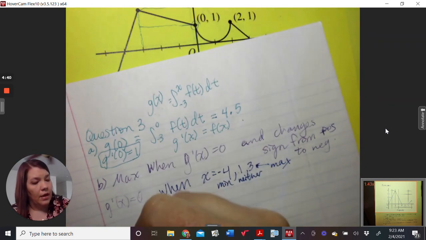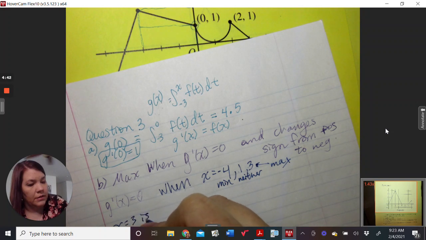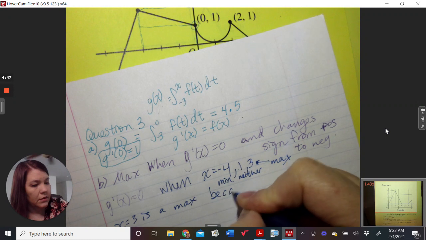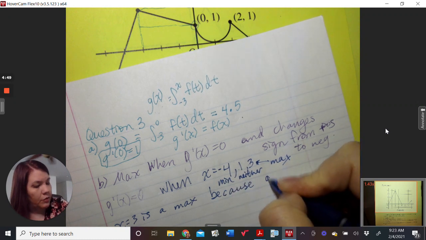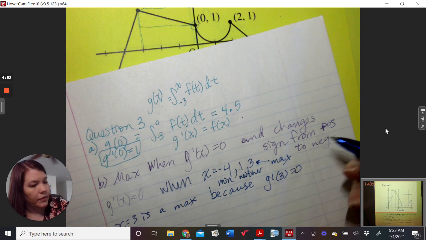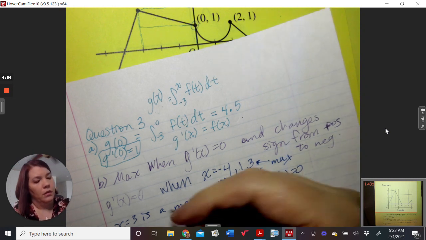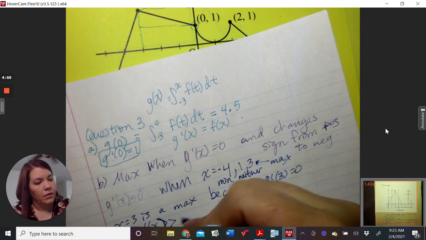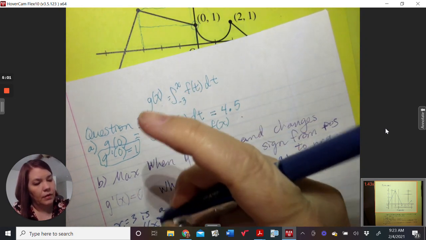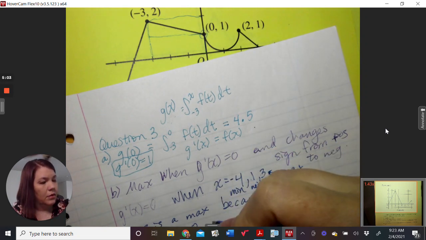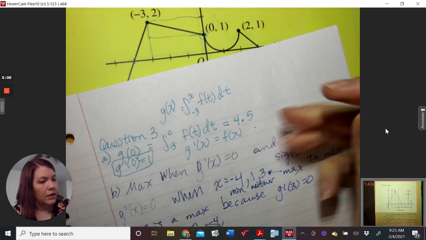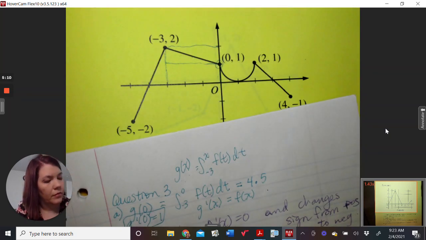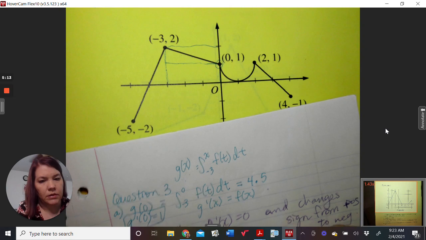So x equals 3 is a max because g prime of 3 is 0. g prime of x is greater than 0 from, actually we'll just go from 1 to 3, because at 1 it's not positive, it's neither.